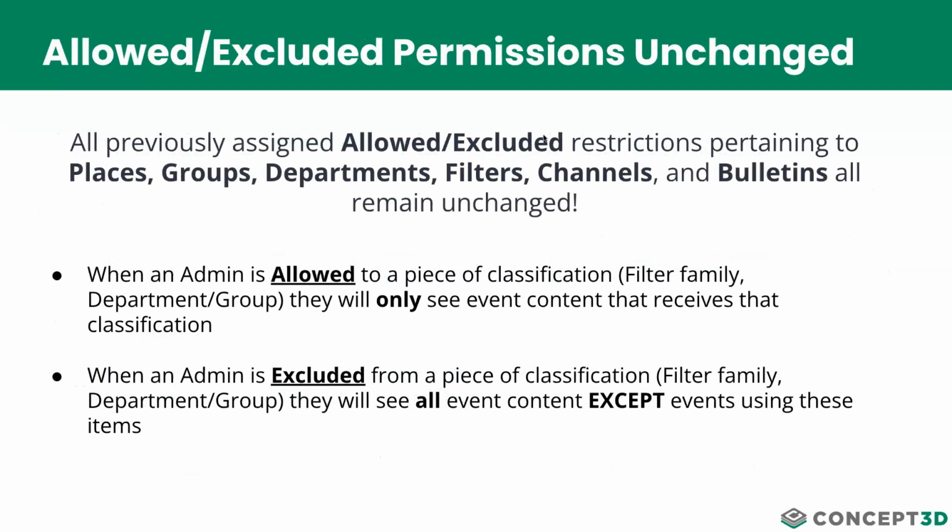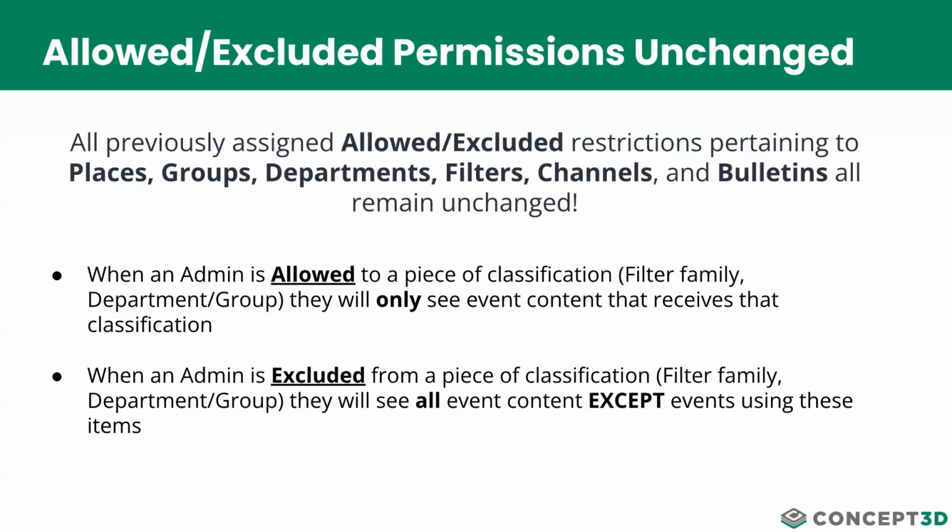And just to hammer this home, I know I've said this a couple times, but all previously assigned allowed and excluded restrictions pertaining to places, groups, departments, filters, channels, and bulletins all remain unchanged. And just as a refresher, when an admin is allowed to a piece of classification, so a filter family or a group or a department, they will only see event content that receives that classification.